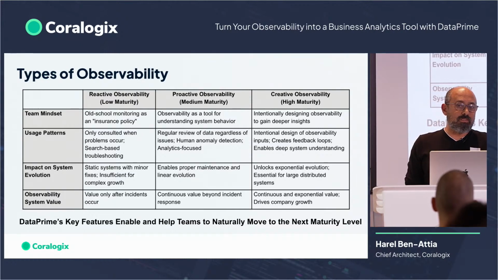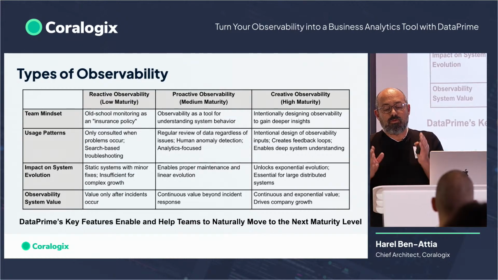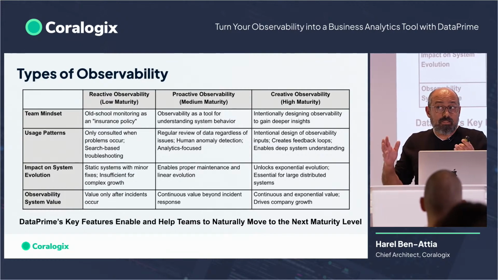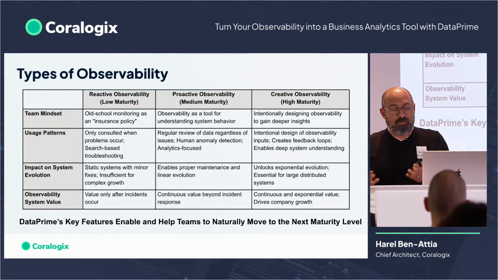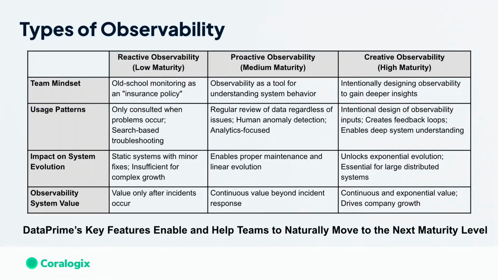It's an insurance policy: you only touch the observability system if you have a problem. If someone reported a problem, you go to the observability system. It's a very costly insurance policy, and a very limited form of utilizing observability to the maximum.